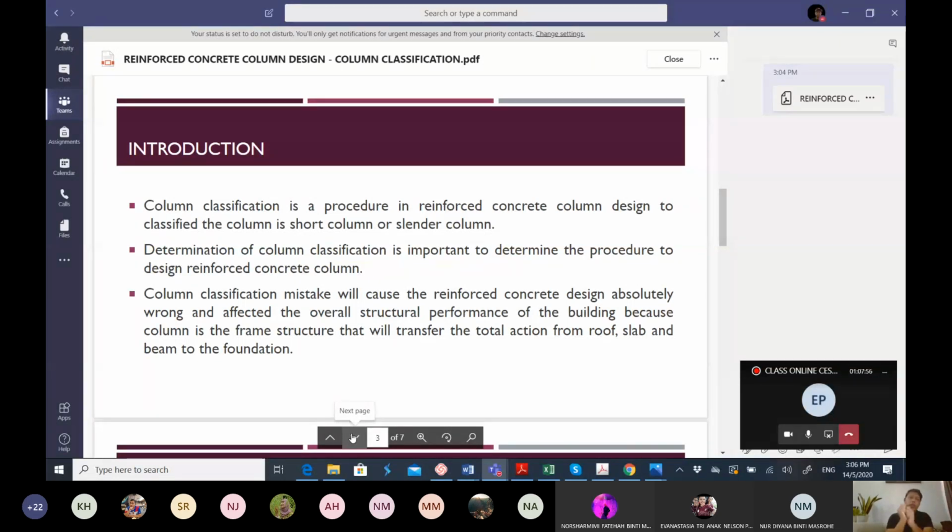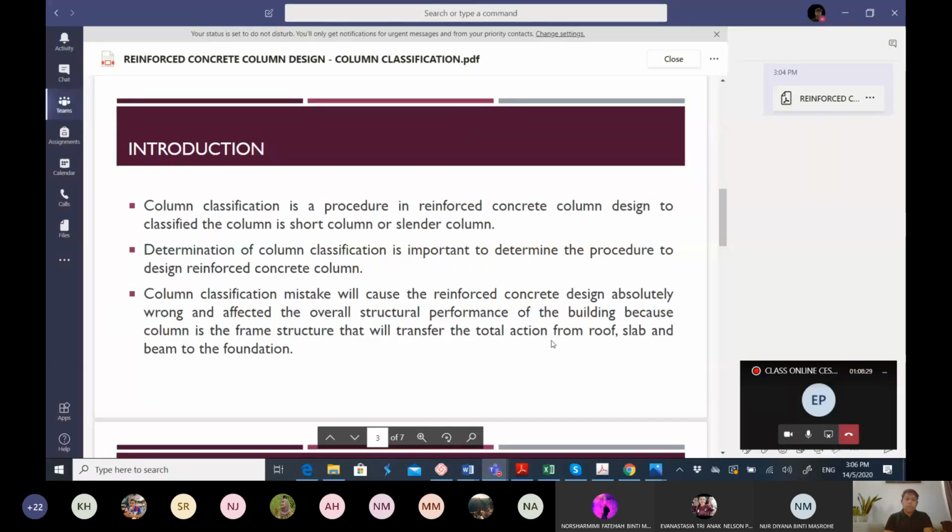If the main backbone of the building fails, the building can easily fail and collapse. The column is the frame structure that will receive the load from the total action of roof, slab and beam and transfer it to the foundation. Okay, here is the column classification procedure.